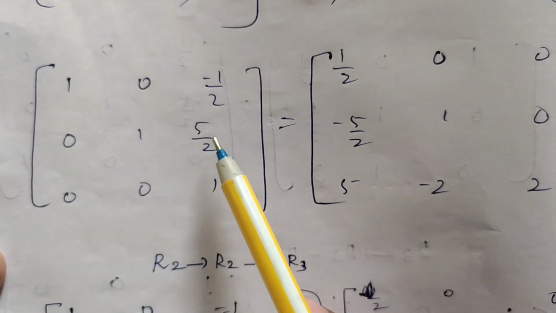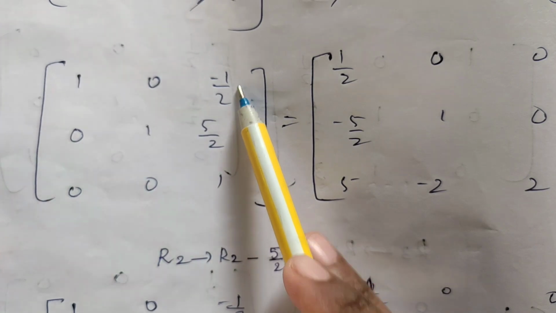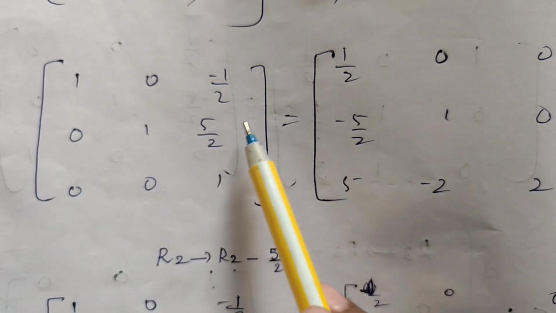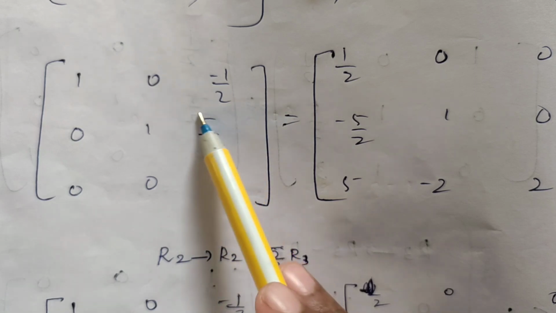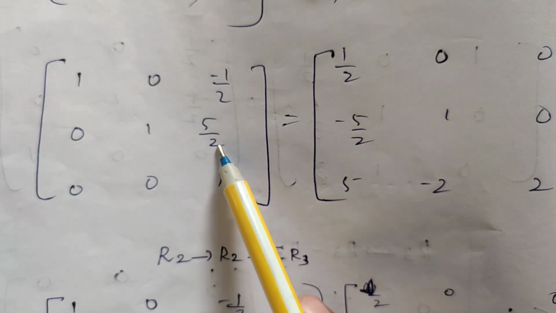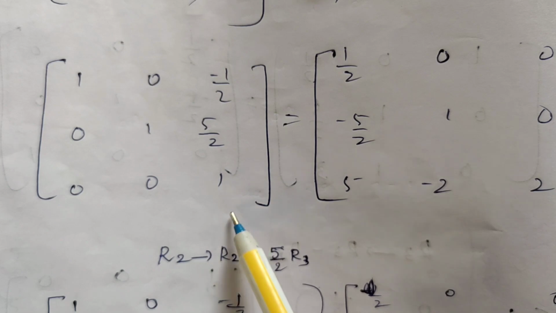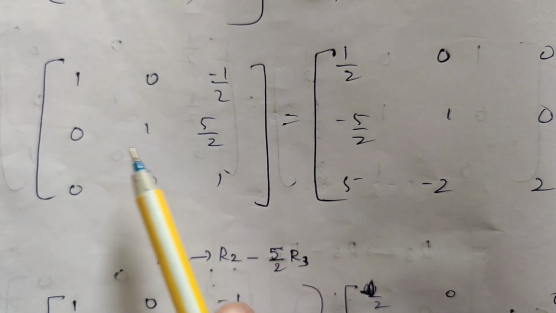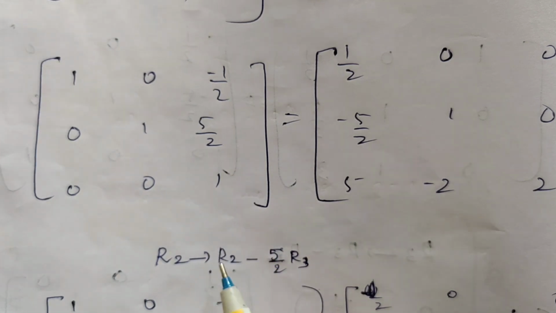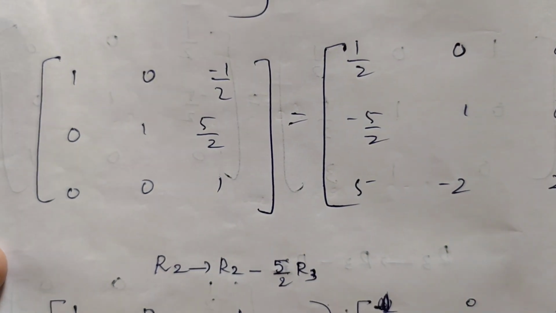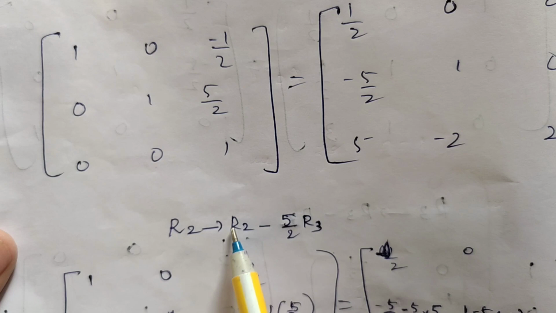The next step is we have to make these two elements 0 with the help of our R3. With the help of R3, this element 5 by 2 should become 0. 5 by 2 minus 5 by 2 will be 0. So R2 minus 5 by 2 into R3 will be the next elementary transformation. So how will you do that?